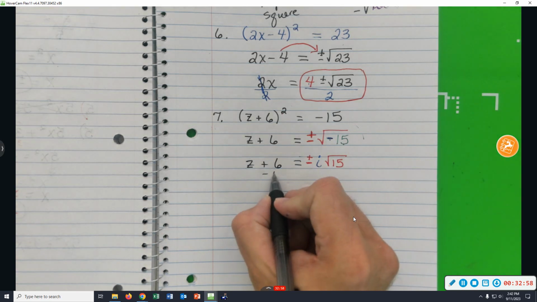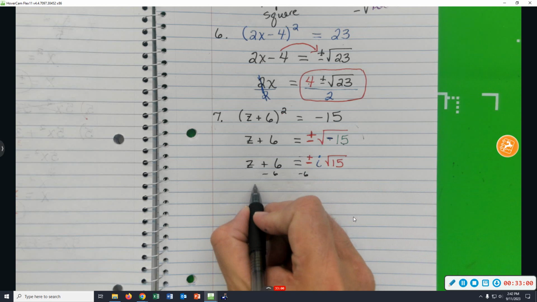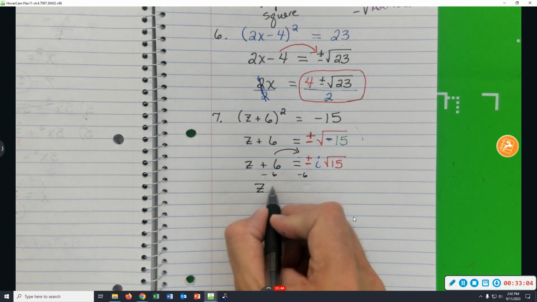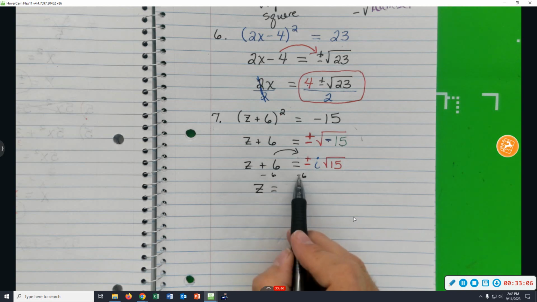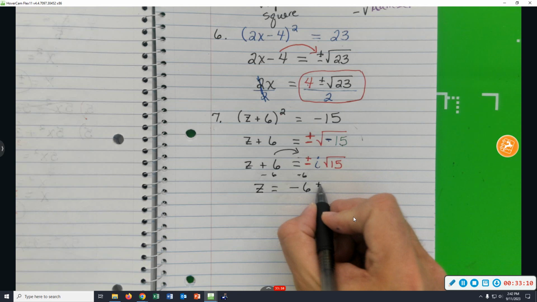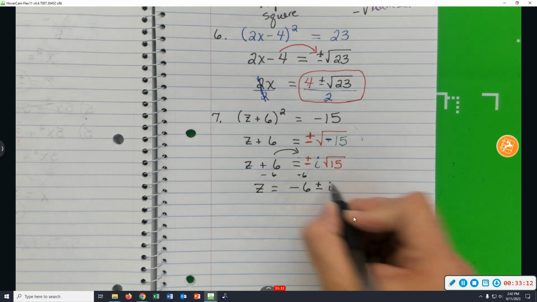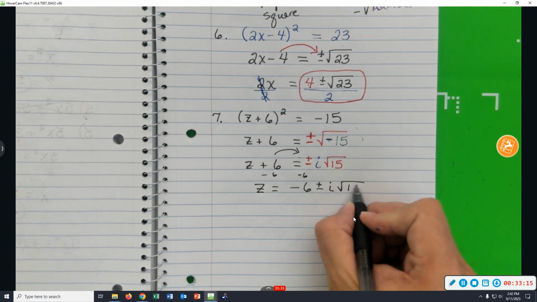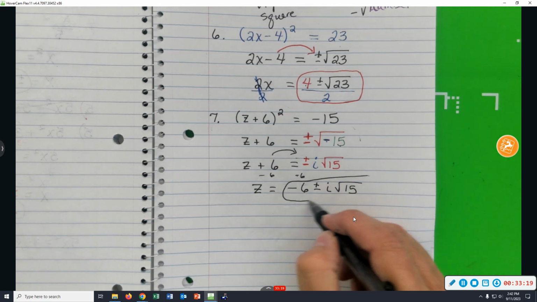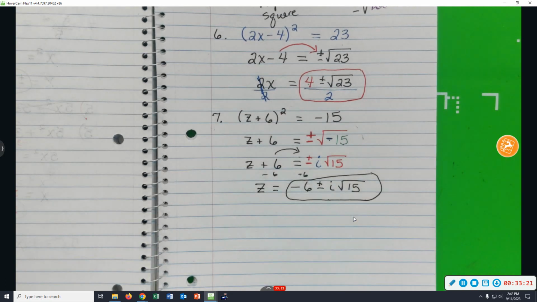Subtract 6 from both sides, or move the 6 over and change the sign, however you want to think of it. We'll write it as negative 6 plus minus i square root of 15.